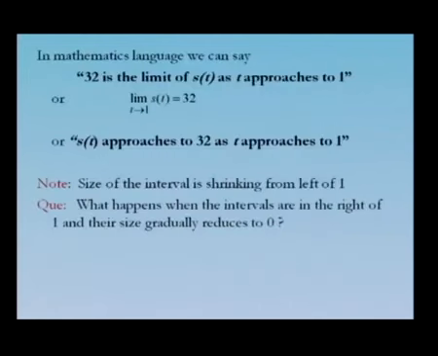In mathematical language, we say that 32 is the limit of s(t) as t approaches 1, or in symbols we write limit t tends to 1 of s(t) equals 32, or s(t) approaches 32 as t approaches 1.